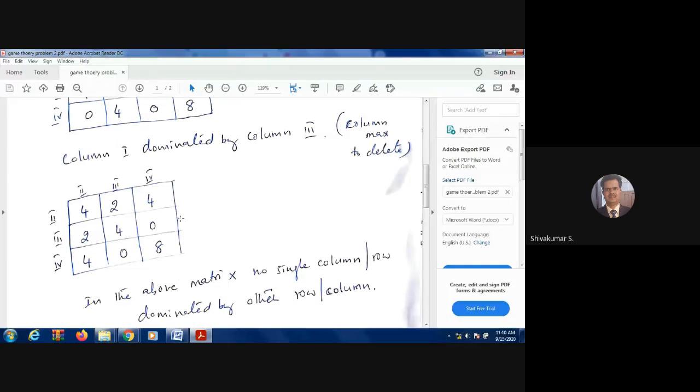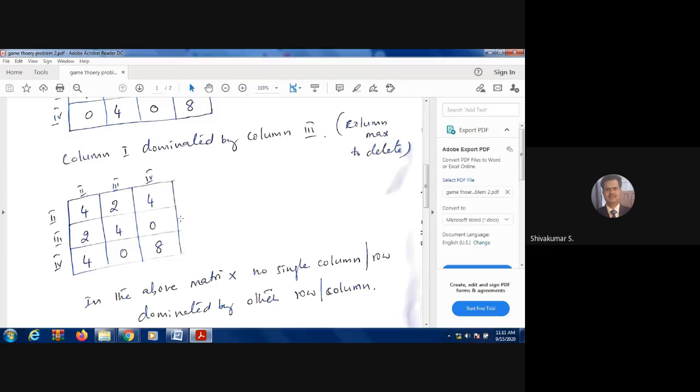In the above matrix, no single column or row is dominated by another row or column. Now you have to take the average of the column or row values to reduce it into a 2 by 2 matrix. Check the average. Third and fourth columns: the third and fourth column values are dominated by 4.